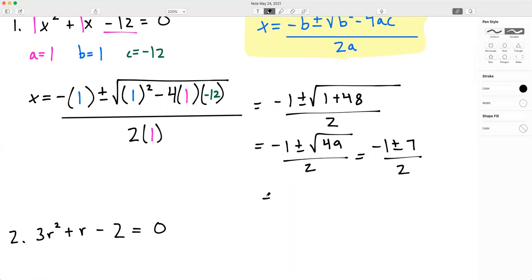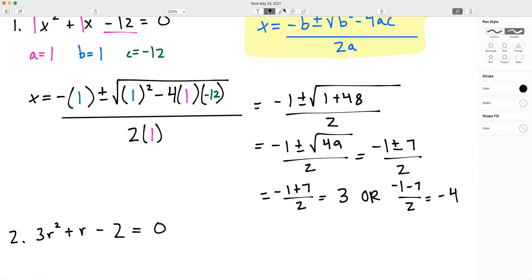So basically we've got the positive: negative 1 plus 7 is 6 over 2, which is 3. Or we've got negative 1 minus 7 over 2 equals negative 8 over 2, which is negative 4.